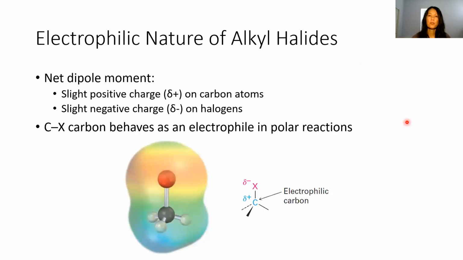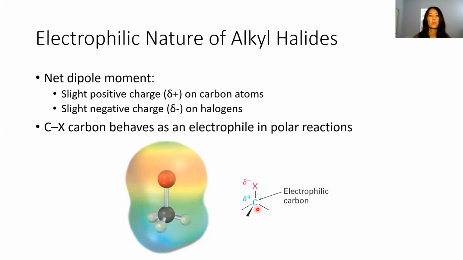One of the key features that make alkyl halides really reactive is that you have a net dipole moment. You basically have a carbon that's less electronegative attached to a halogen that's more electronegative. So you have a bond dipole towards the X group, the halogen. So basically that makes your carbon more electrophilic. This is significant because that imparts the reactivity of alkyl halides. That carbon center wants more electron density.